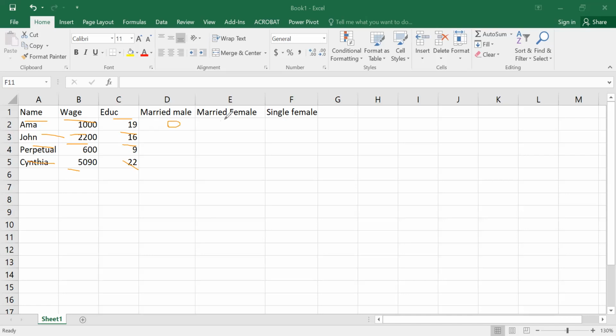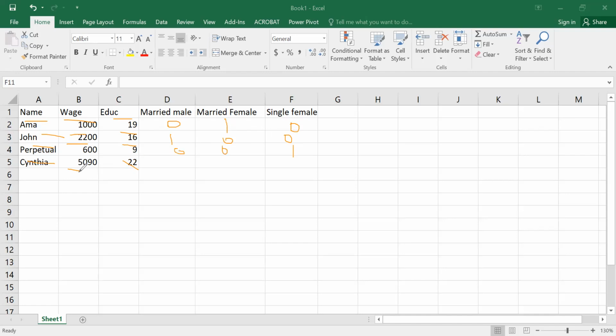Amma is a married female, so 1. She's not a single female. John is a married man, so here will be 1, and he's not a married female, he's not a single female. Perpetua is a single female, so 1 over here, 0s over here.